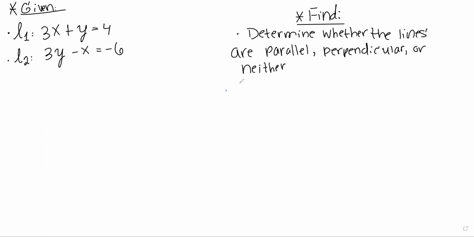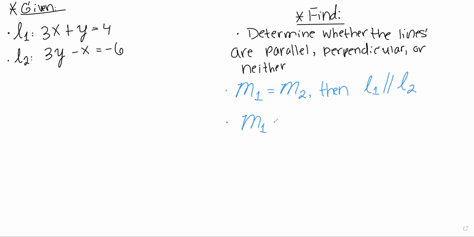So the first thing to know is if the slope of line 1 equals the slope of line 2, this indicates that line 1 is parallel to line 2. Similarly, we can draw another conclusion.